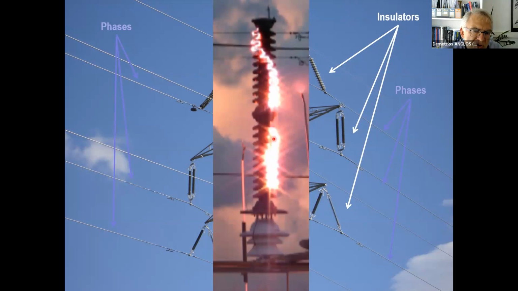But this flashover changes the surface of the insulator and changes its hydrophobic capacity. It's important for these insulators to be highly hydrophobic so that water does not really stay on them. And this is something that needs to be checked periodically.